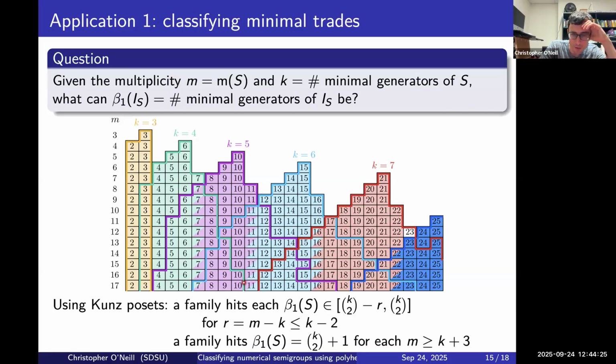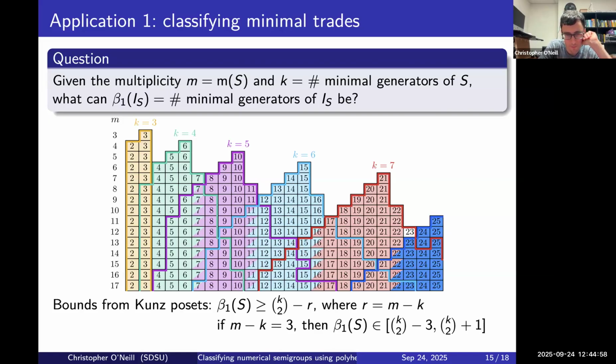But our bound ends up being weak starting here, because if you kept going, it would say that if k is 7, and in this case m is 17, our lower bound says you can't have less than 11 minimal trades. But it turns out you can't even have 11. The lowest you can have is 12. But we really give a lower bound that at least for the first several rows here is sharp. And all of this ends up being very poset theoretic arguments.